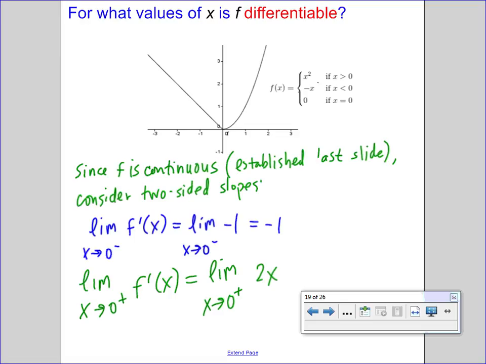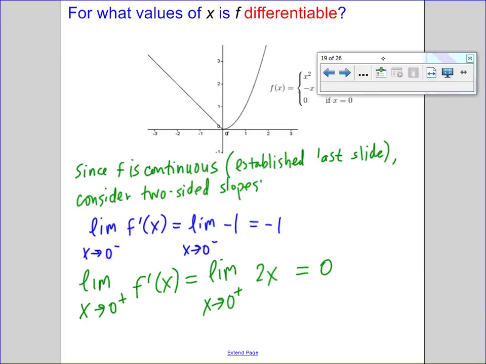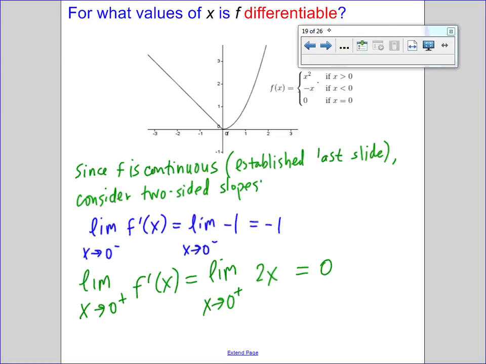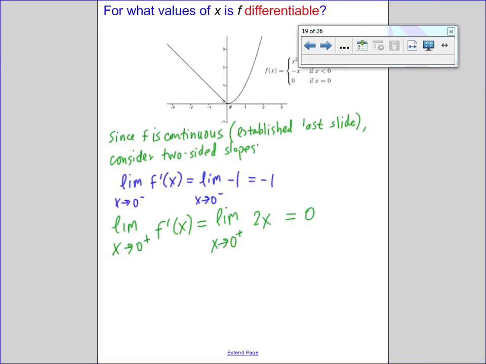Yes, so I can evaluate through direct substitution, and I get a right-hand slope of what? 0? Awesome. Does the left-hand slope exist? Yes. Does the right-hand slope exist? Yes. Is the function differentiable? No. How come? Well, the left-hand slope does not match the right-hand slope. And so, f is not differentiable at x equals 0.